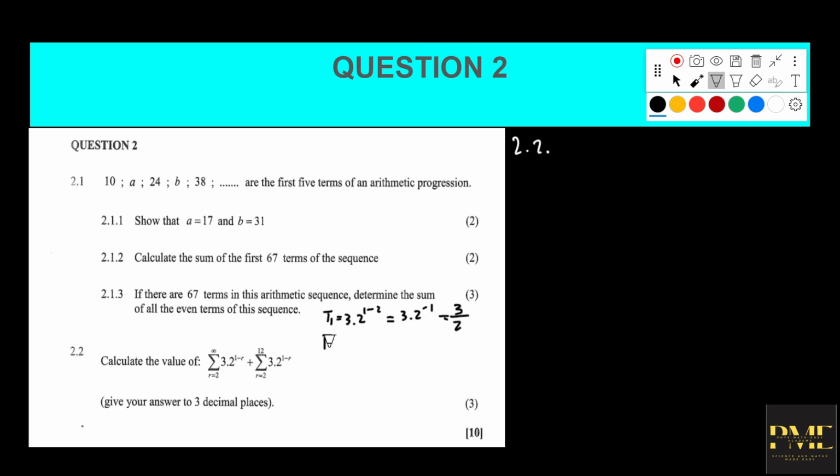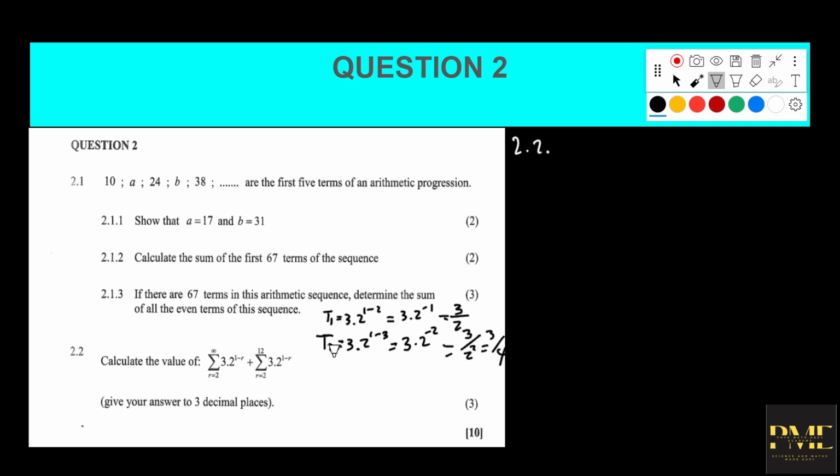And then for our term 2, we now increase these numbers by 1, so we put in 3 for r. So our term 2 is equal to 3 multiplied by 2 exponent 1 minus 3, which is equal to 3 multiplied by 2 exponent negative 2, because 1 minus 3 is negative 2. So this tells us that we had 3 over 2 exponent 2, which actually equals 3 over 4.